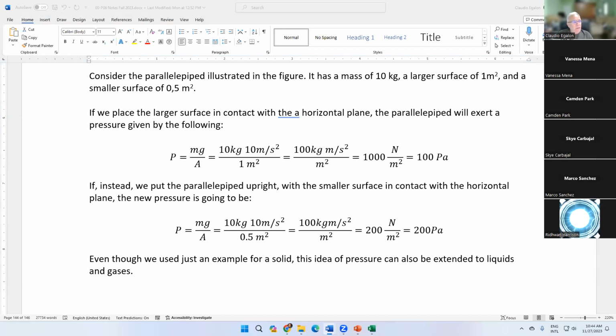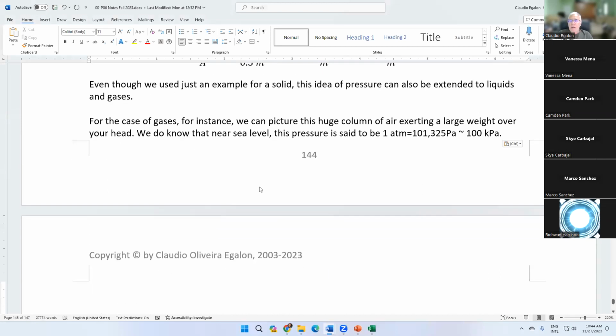For the case of gases, you can picture this huge column of air exerting a large weight over your head. Remember, we are here in this sea of air, the sea of gas: oxygen, nitrogen, and smaller amounts of carbon dioxide and other air gases.